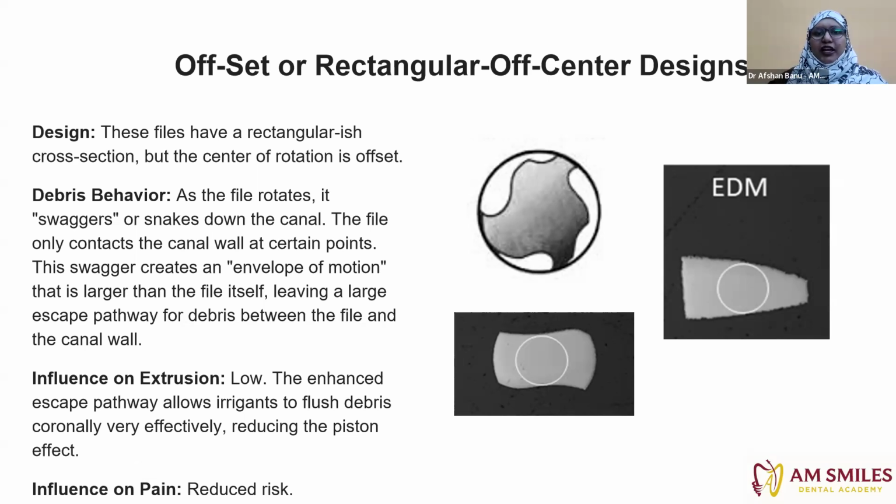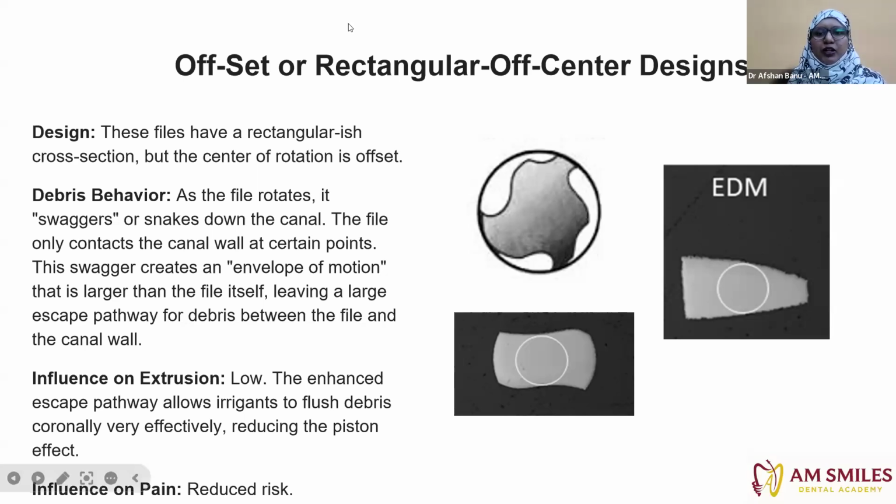So your file will not contact the walls in all the regions. Your S file or your triangular file, at some point it is going to contact the walls. But this one will not contact the walls in all the places. It will selectively prepare, it will have a different shape.